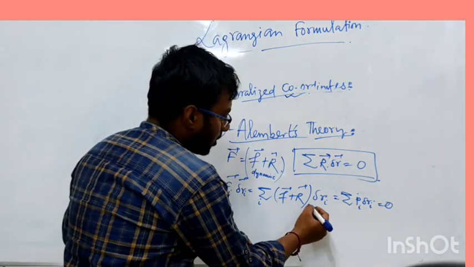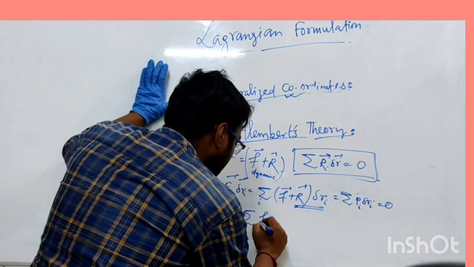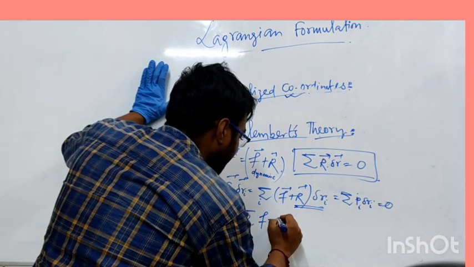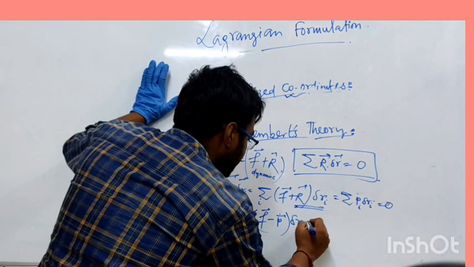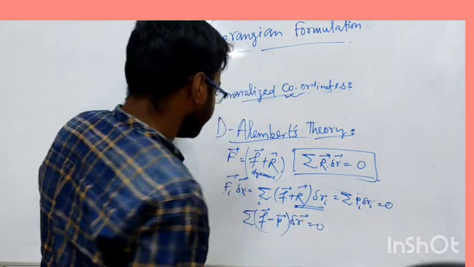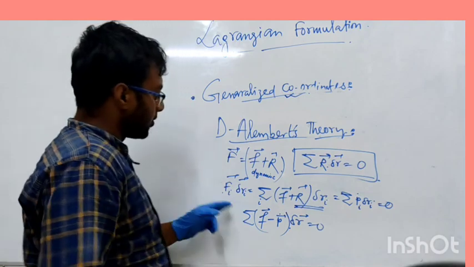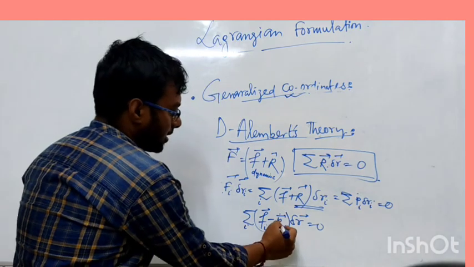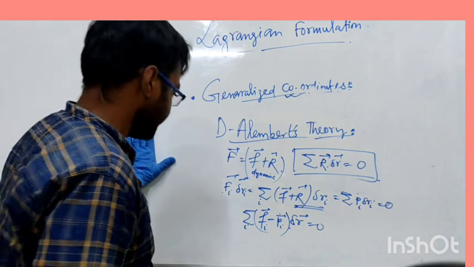Already we know that this part will be 0, so we can construct the equation (F minus E) dot del R should be equal to 0. That is D'Alembert's theorem: summation over i of (Fi minus Ei) dot del R will be equal to 0.